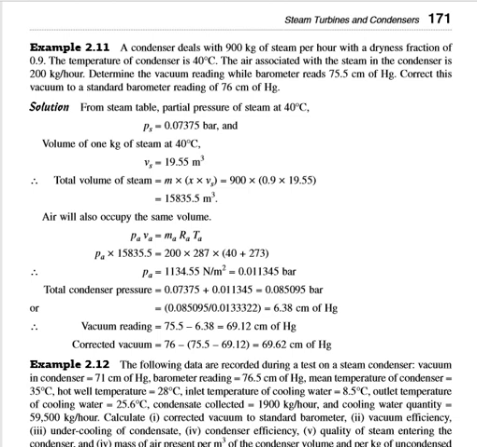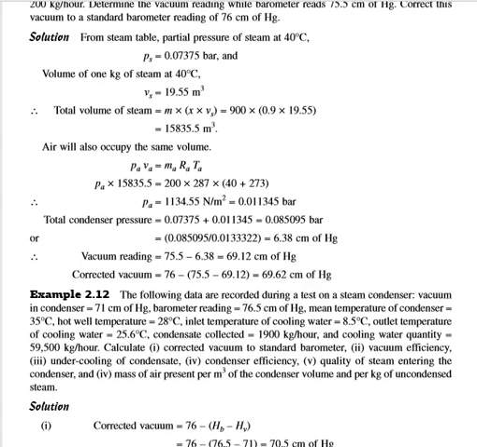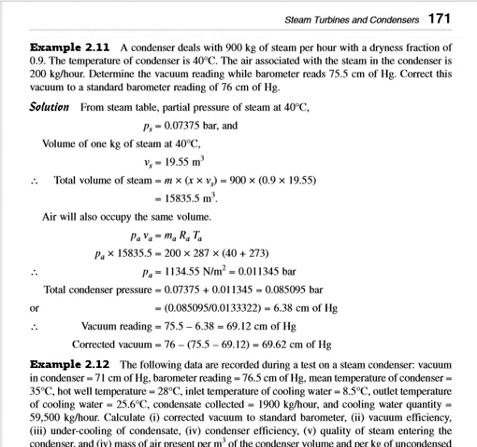And then this pressure is converted into centimeter of Hg by dividing by 0.013322, and we get 6.38 centimeter of Hg. The barometer reading is also given, and you have to find out the vacuum reading, that is 75.5 minus 6.38, which gives 69.12 centimeter of Hg.